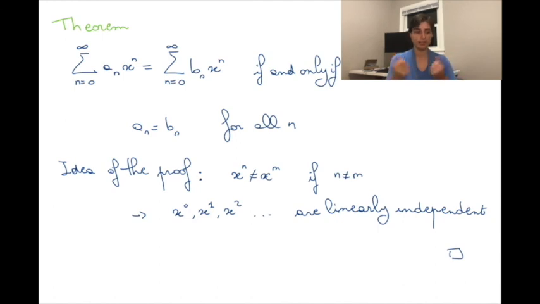And you cannot adjust a coefficient in front of one of the two to make them the same. That means that x^0, x^1, x^2, and so forth are linearly independent. And that brings you to say that the power series are equal only if each coefficient is equal.